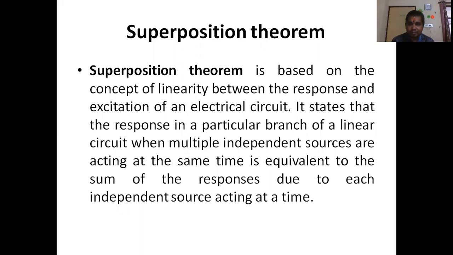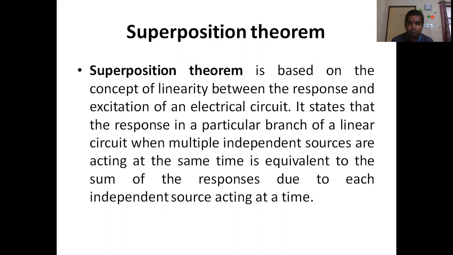It means that when you determine a response in the circuit by considering individual sources and adding all the responses of the individual sources, you will get a total response that will be equal to what you get if you solve the network by any method, considering all the sources acting simultaneously.